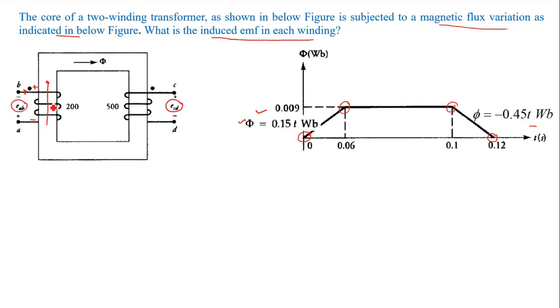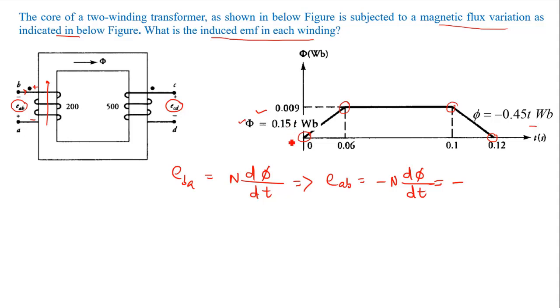Now how to find this voltage? EBA will be N d phi by dt, right? And I can write EAB will be minus N d phi by dt. So your EAB will be minus N d phi by dt.